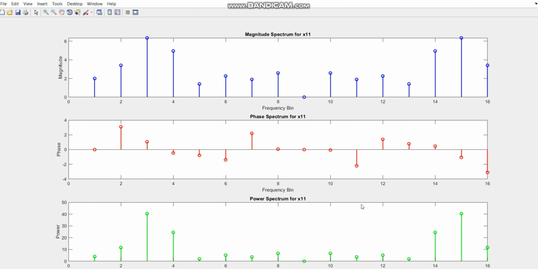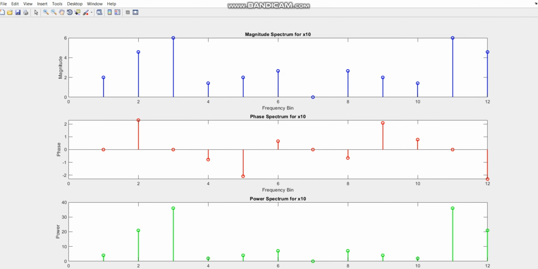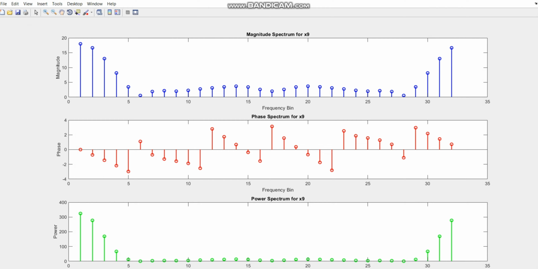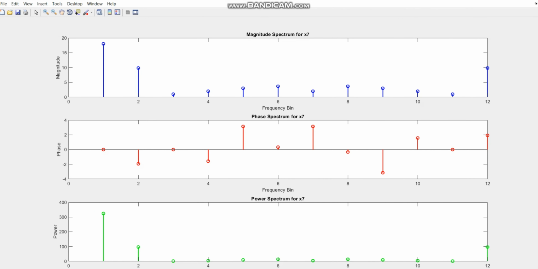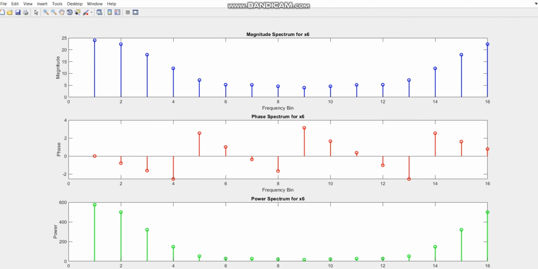And we have 11 such figures because we had 11 signals. This is for x10, x9, x8, x7, x6, and so on.